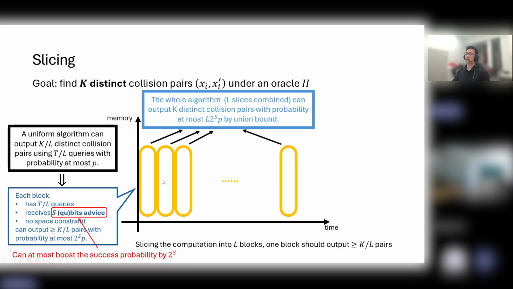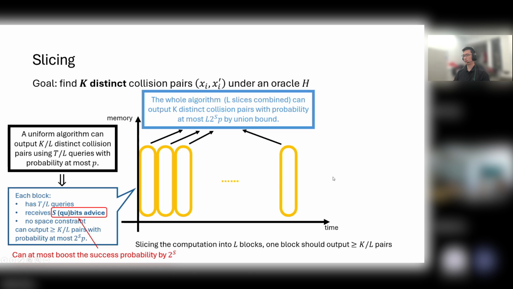So this means that if we want to prove the final result, how do we derive it? It's by proving, for each slice, that the probability of outputting k divided by L pairs within that slice is at most 2 to the s times p. Then the overall success probability is L times 2 to the s times p. So this is like a union bound type of argument.